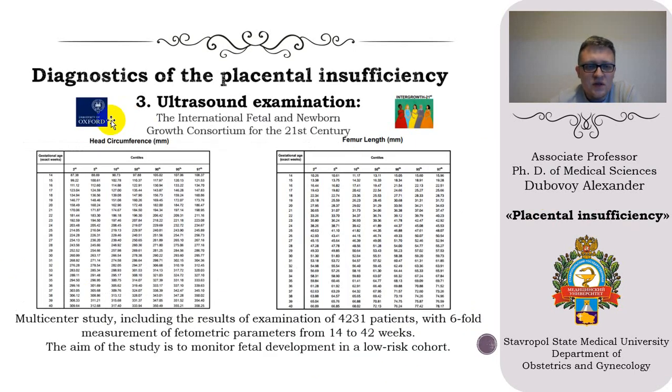The International Fetal and Newborn Growth Consortium for the 21st Century, or INTERGROWTH-21st, is a global multidisciplinary network of more than 200 researchers and clinicians from 27 institutions in 80 countries worldwide. Women with accurate gestational age assessment had ultrasound scans every 5 weeks from 14 weeks until 40 weeks of gestation.